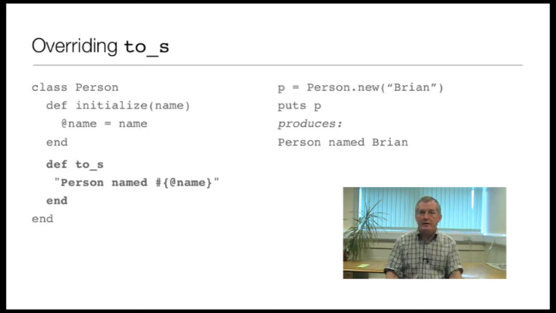So what we're going to do is print out a string which says the person named, and then the evaluation substitutes the evaluation of the instance variable into that string. Again, quite a lot going on in there. The hash sign telling the Ruby interpreter to evaluate the contents of the curly brackets and substitute that into the string. Simple evaluation of the name is all that's done here, so we get the person named Brian out.